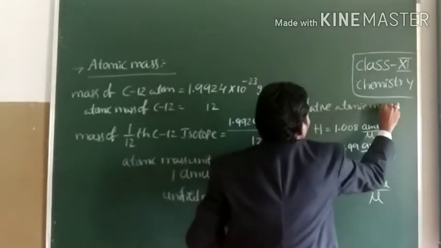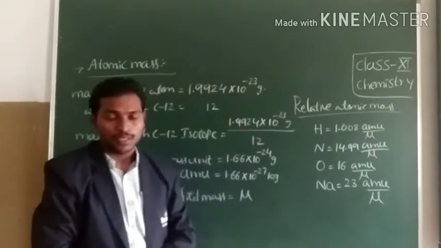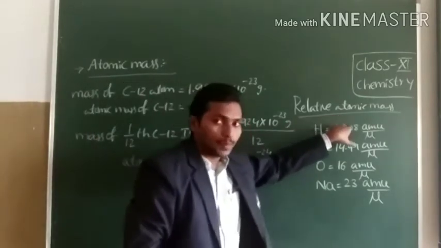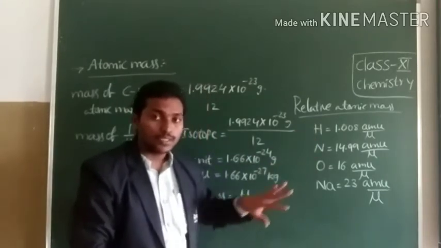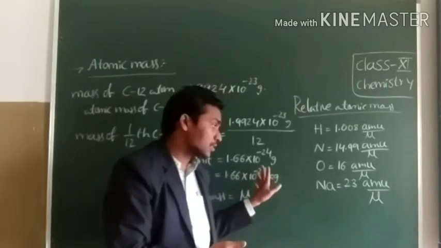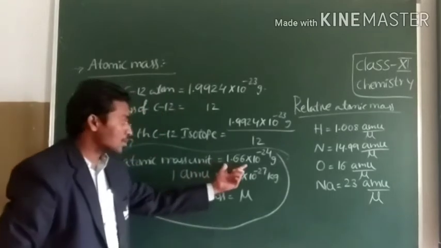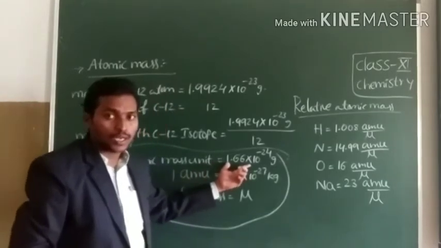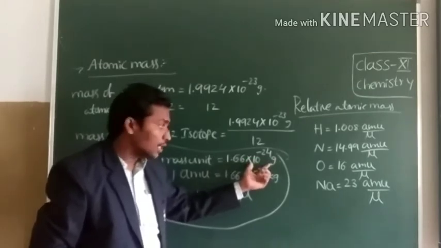Relative atomic mass can be defined as the number of times the mass of one atom of an element is heavier than the standard atomic mass. What is standard atomic mass? Standard atomic mass is the mass of 1/12 of carbon-12 isotope.